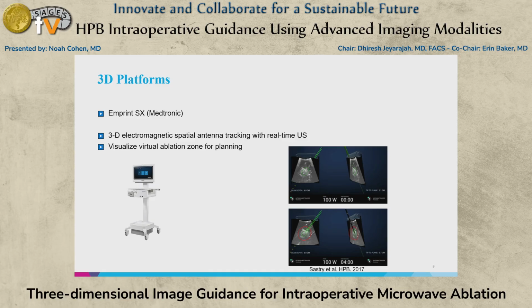So you can see here, and I'll show you some additional images, the actual antenna that's going in, that's being tracked in real time. You can see your lesion of interest in 3D visualization on your screen, and then at least for this system, it does also allow for simulation of your ablation target.